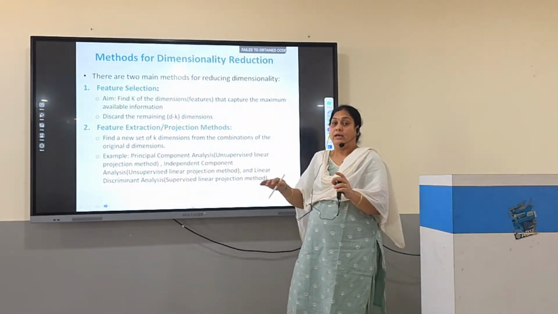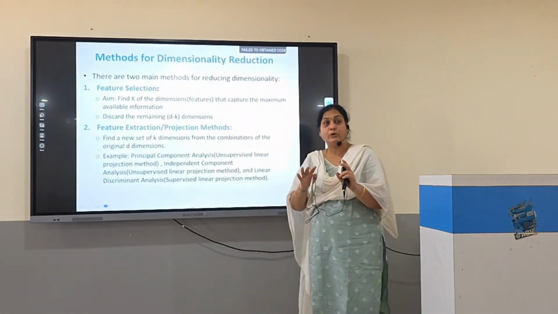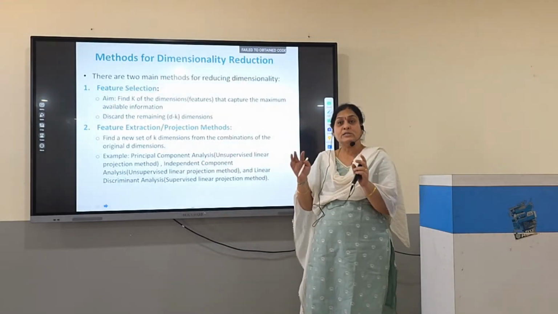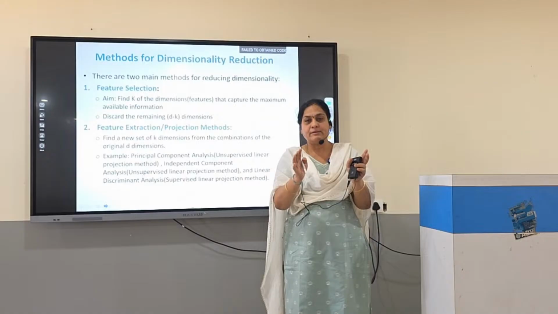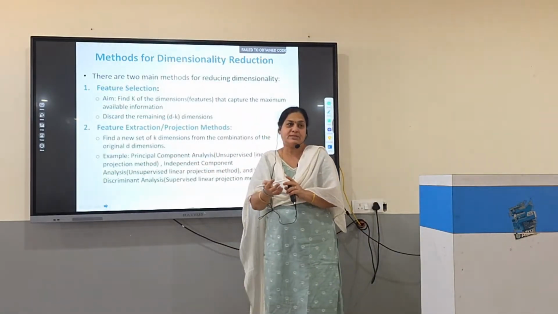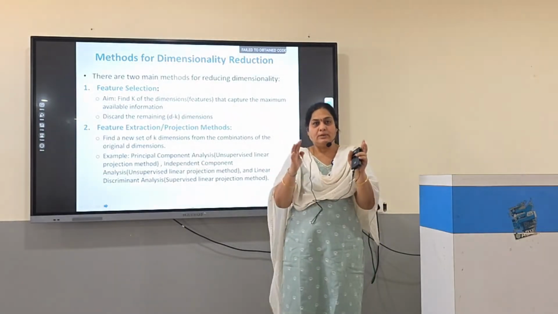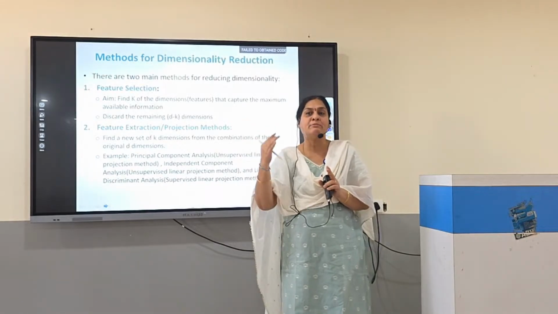This is basically used when you really have a huge amount of data, huge dimensions of data. In this, you are going to transform the existing data. Here you are finding a new set of dimensions. You have some d-dimensional data and you are going from d-dimensional data to some k-dimensional data.